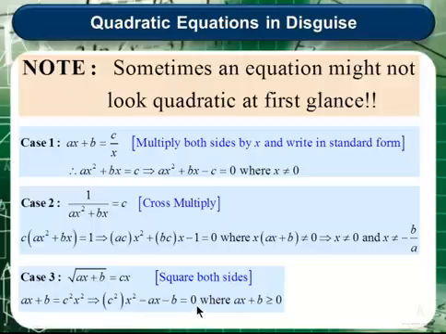So really it does represent a quadratic equation, but in this case, be careful, we have to insist on ax plus b assuming positive real values or 0, since the square root of a negative number does not exist. So there's a restriction on the possible values for the variable or unknown x in such a case.